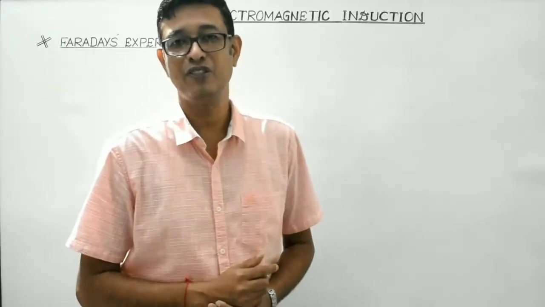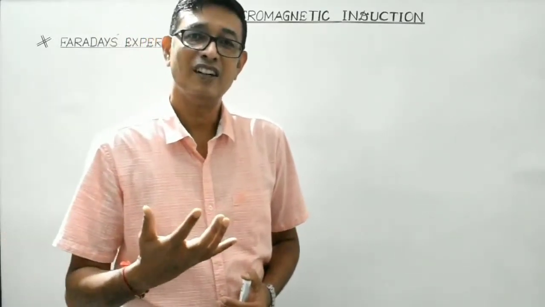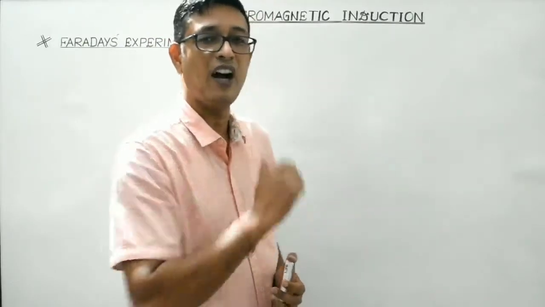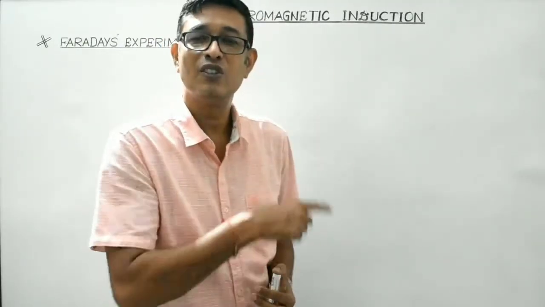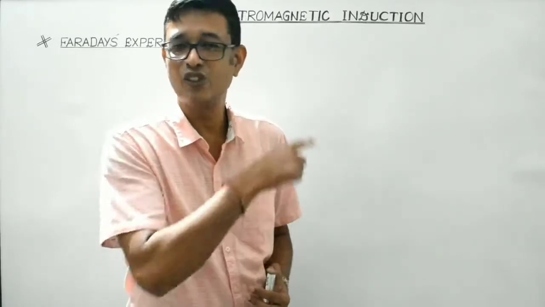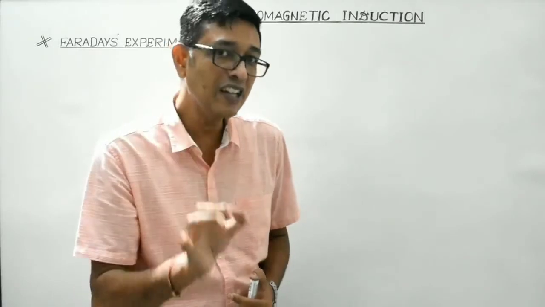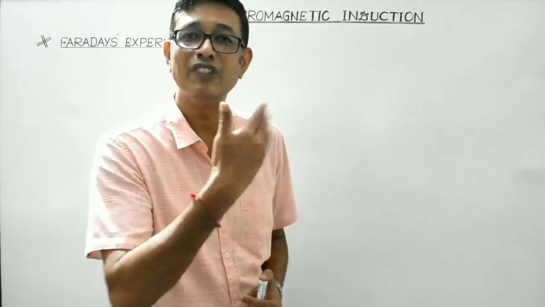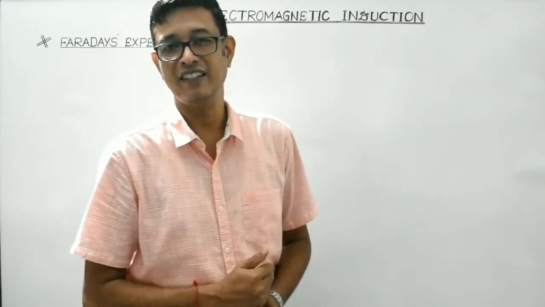Magnetic effect of current is that whenever a current is made to pass through a wire, a magnetic field gets established around its vicinity, around its surroundings. So the production of magnetic field around a current carrying conductor is the magnetic effect of current.